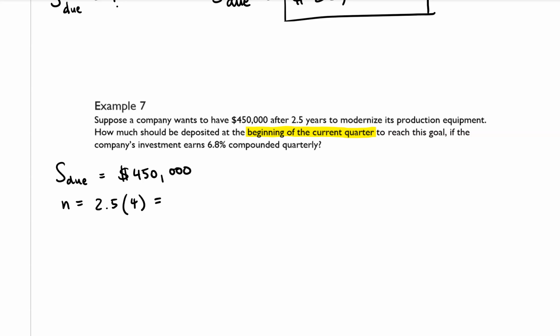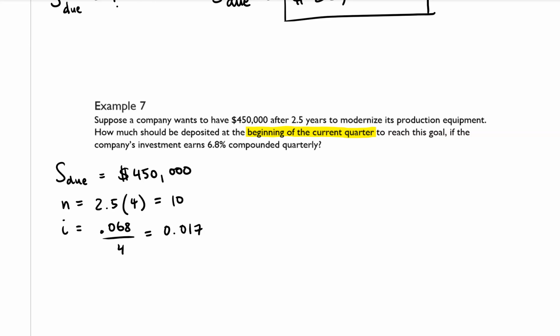So if we multiplied 2.5 times 4, we would get 10. And then our interest rate is 6.8%, written as a decimal, that is 0.068, and we are dividing that by 4, which gives us 0.017.